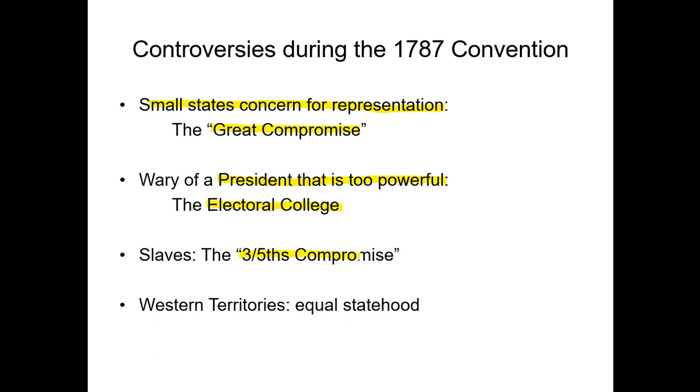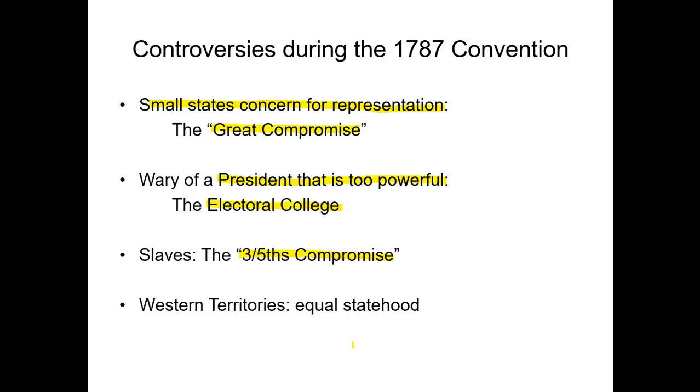This is what compromises do. Slavery was an issue that they were not able to really address. States that were pro-slavery, they would not have been able to resolve that at that time. So the 3/5 compromise allowed that states with slaves would count a slave as 3/5 of a person. And even though that slave could not vote, that did give those southern states a little bit more representative power.